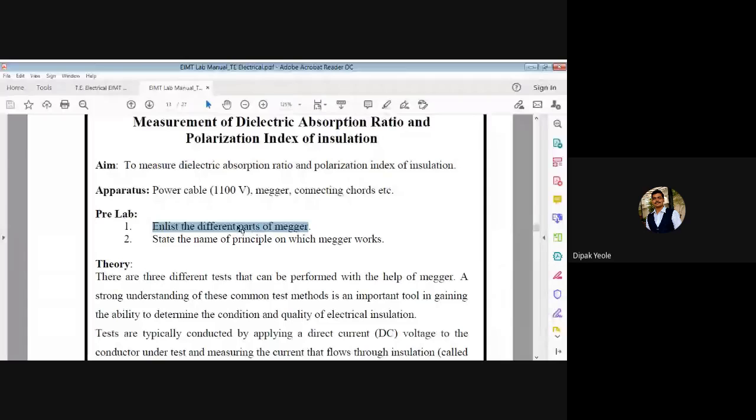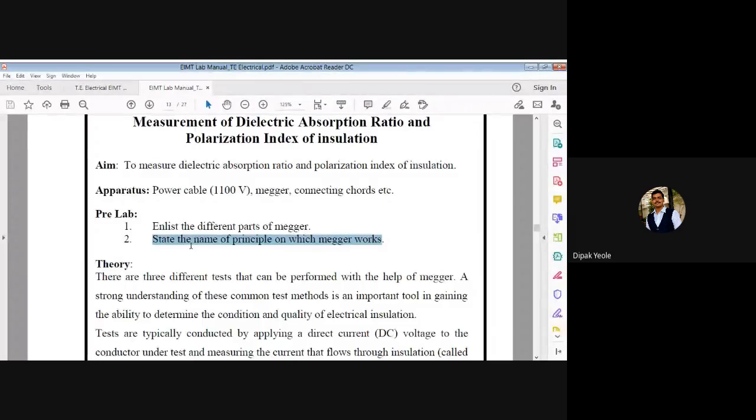Let me share the pre-lab question again. These are the different parts of Megger that we have seen. Now this is the interesting question. I am always interested in the principle of a particular electrical component, so this is the homework for you.